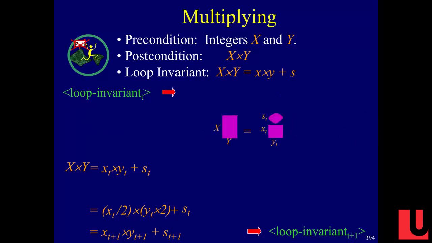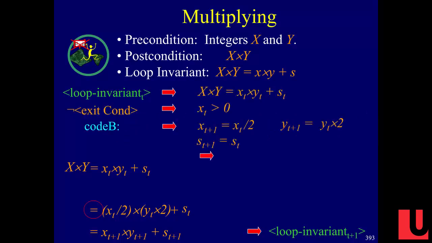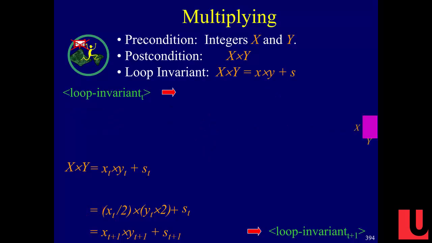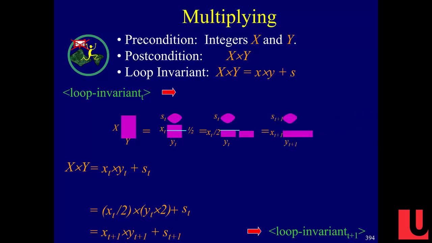So there, we have our proof. Let's do the same, proof by pictures. We have this. We cut the x in half. We rearrange. We put them back together. Everybody see that? Before, we subtracted 1 from here, and then to bring it back up again, we added y to s.